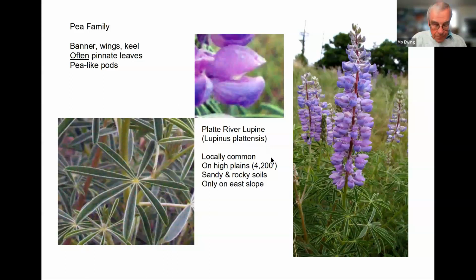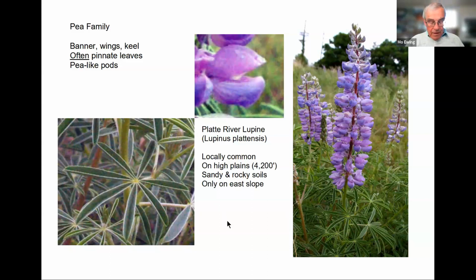River lupin, Lupinus platensis. This is in the pea family. Remember, irregular flowers with a banner, wings, and keel. They're a little hard to see here because the keel is inside there. Has pea-like pods.